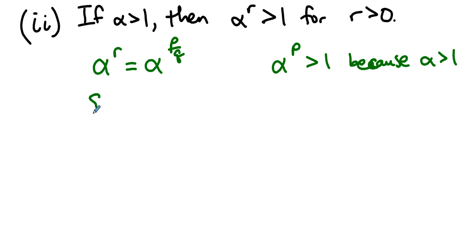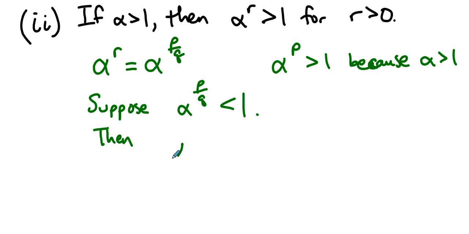So now we proceed by contradiction. We suppose that alpha to the P over Q is less than 1. It's easy to dismiss the case that alpha to the P over Q is equal to 1. So our contradiction will be with this. If that's the case, then this would have to be true, right?